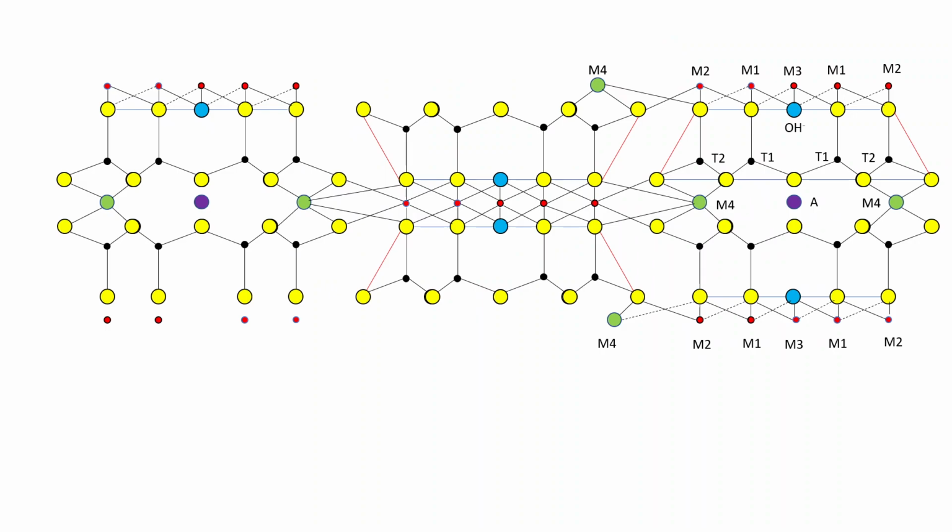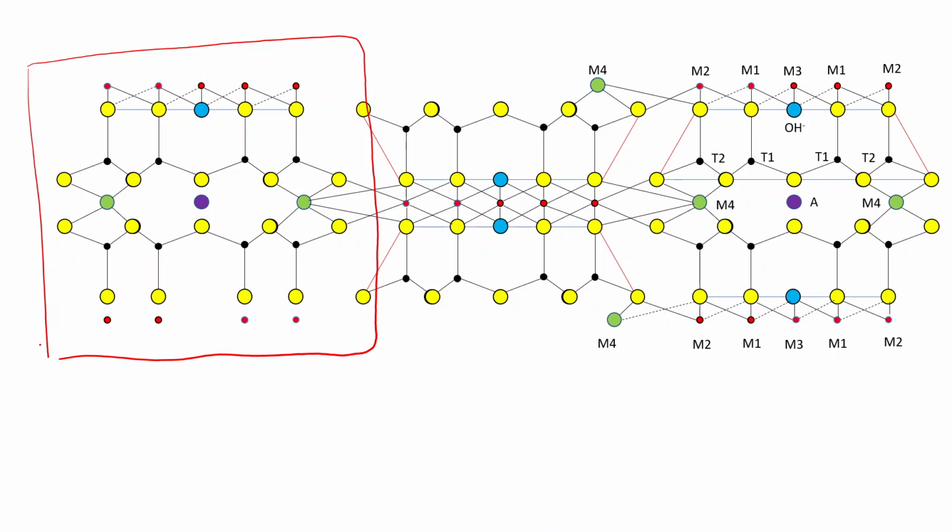Now, let us come to this detailed structure. In this structure, I will just first explain this part to you, and then we can go ahead. So if you look at this, we have four tetrahedra which are linked together, which is T1, T2, T3, and T4.